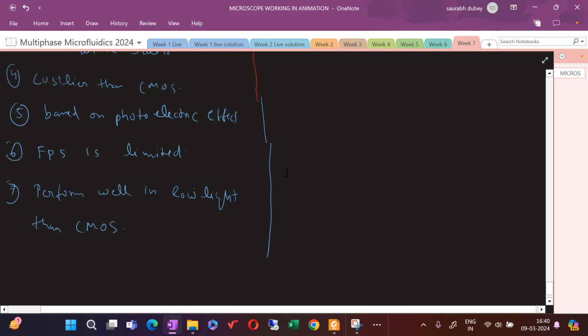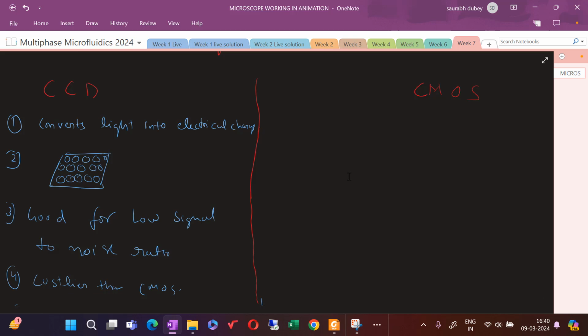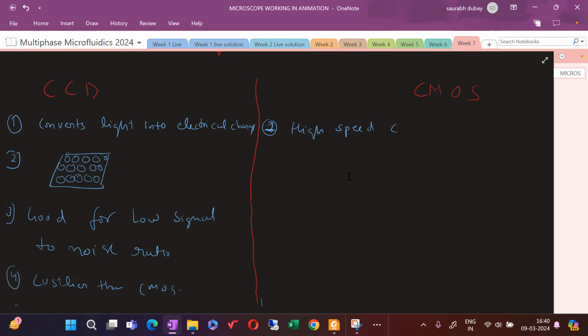And the CMOS one that we will be looking at now is also based on the photoelectric effect. We know these are high speed cameras, and there are CMOS sensors. So the first one is like a high speed camera.